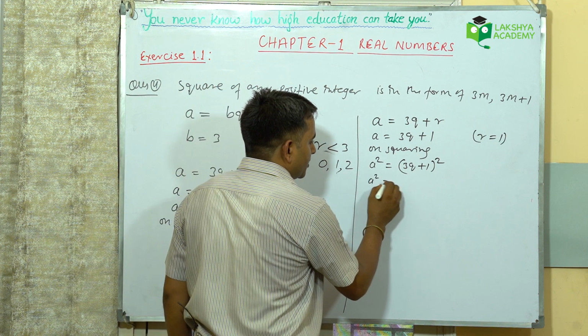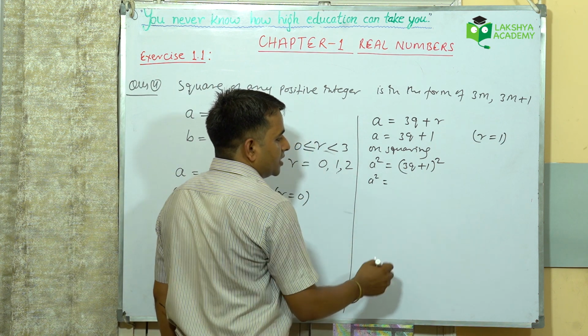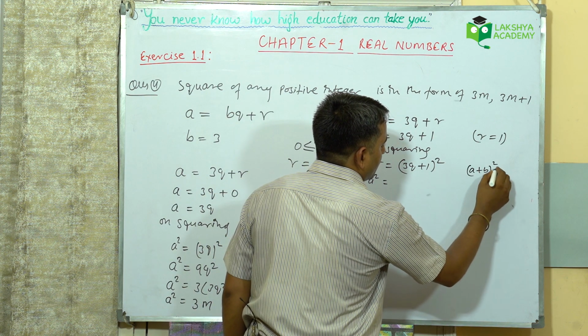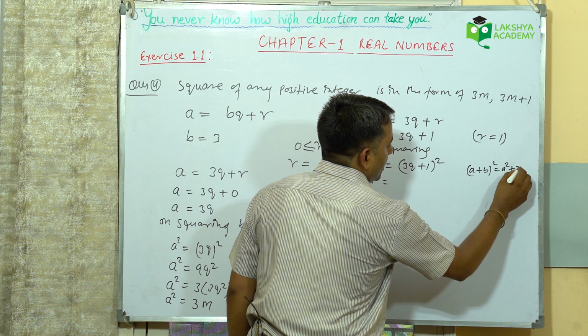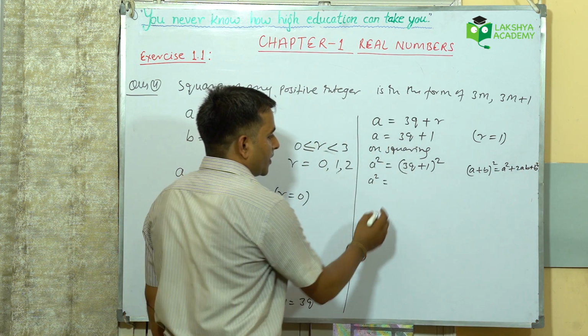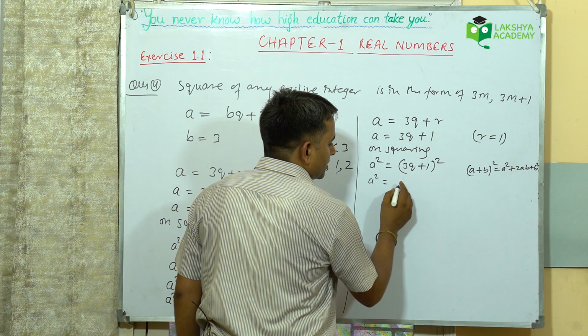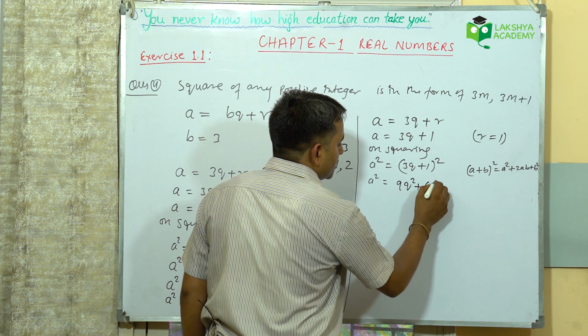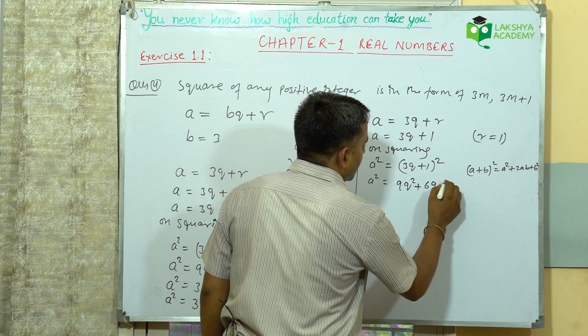Using (A plus B) whole square is A square plus 2AB plus B square, this is 9Q square plus 6Q plus 1.